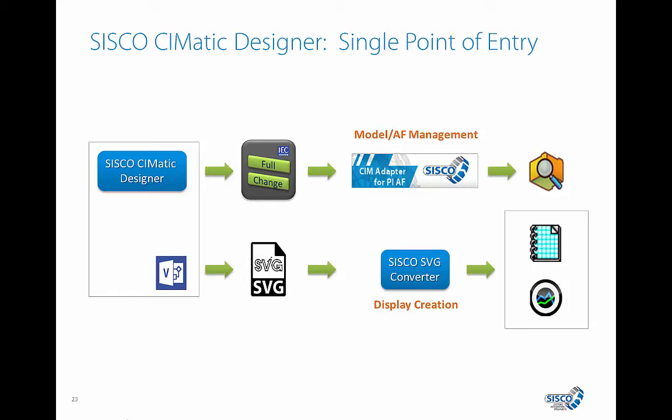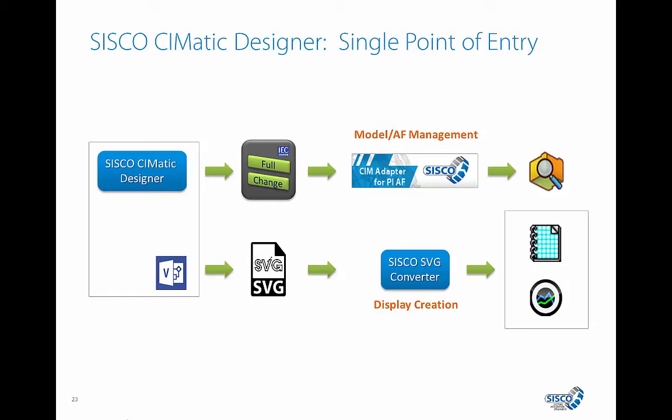But Visio offers another capability. It offers a potential for a single point of entry. With the CIMatic Designer, we can create the AF infrastructure, the context for PI applications. But with Visio, there's an opportunity to actually create the visualizations as well.